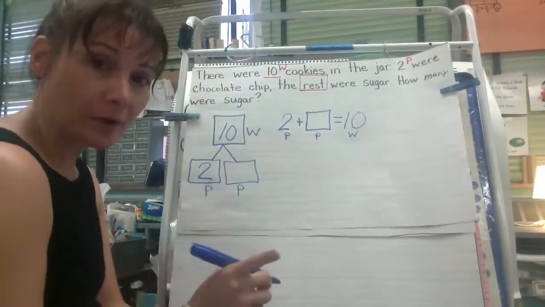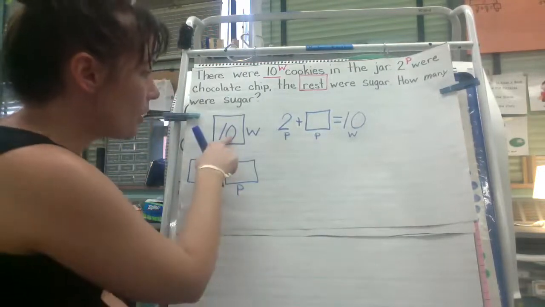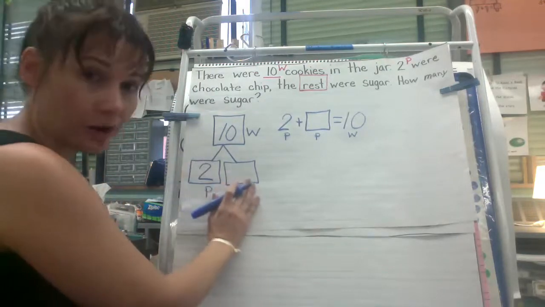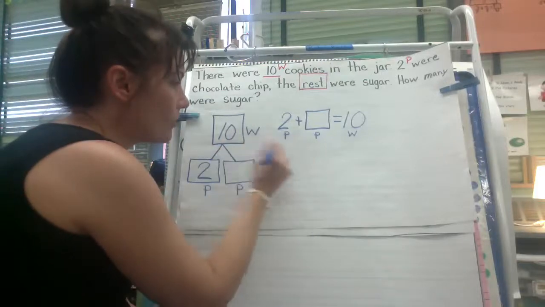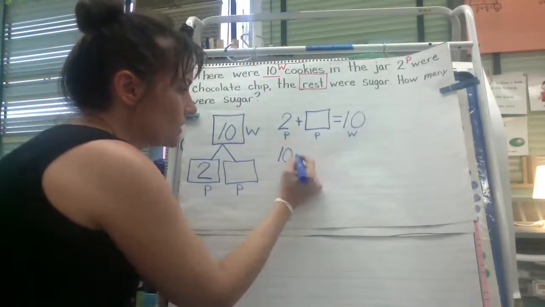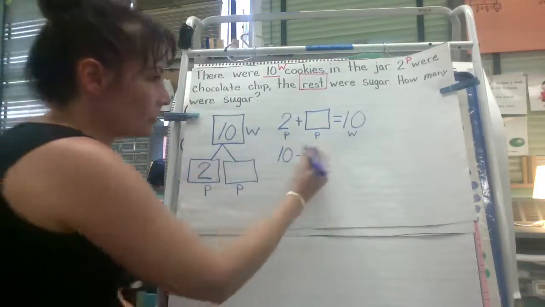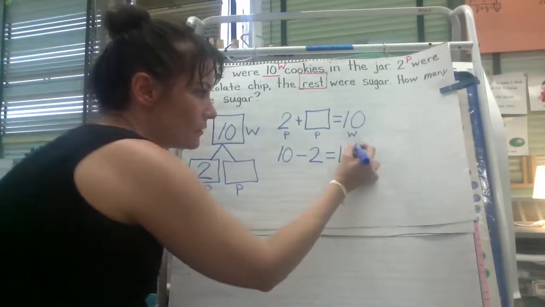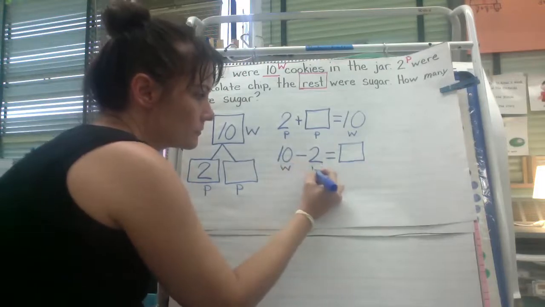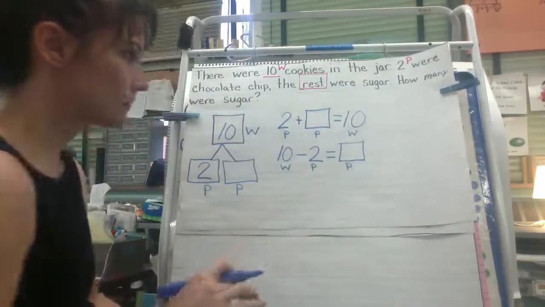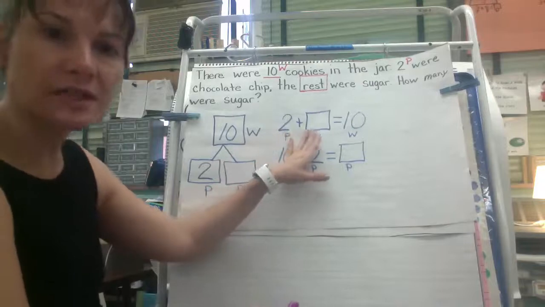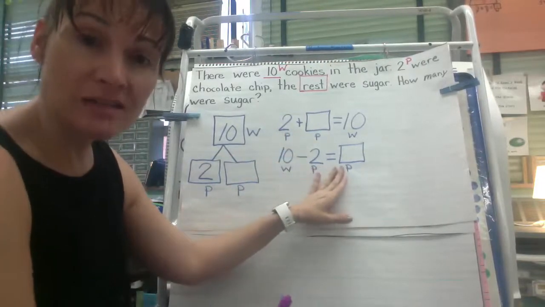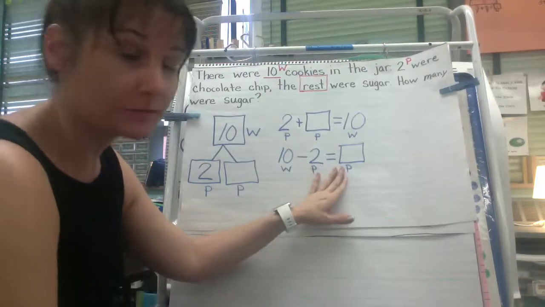I also know that my whole can take away a part to get my other part. So my whole minus the part that I know equals my other part. So I can use counting on or counting back to help me solve for my missing addend.